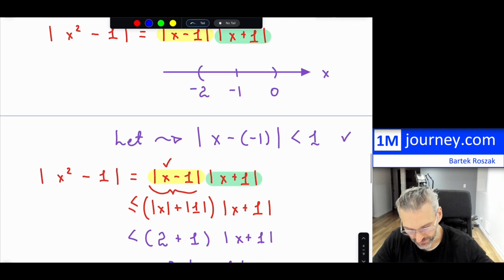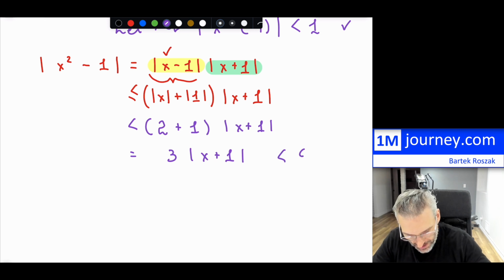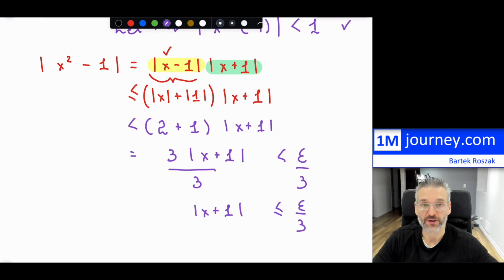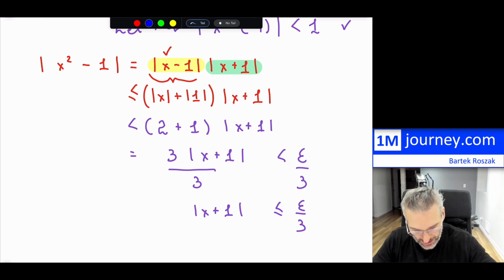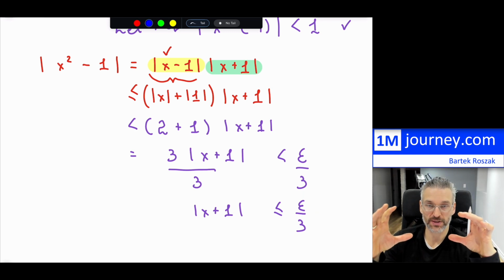So now, because we want this to be less than epsilon, you can take both sides divided by 3, and there you have it. So you have now established your delta. So your delta now is going to be epsilon over 3, and this is epsilon over 3 within that range around 1.